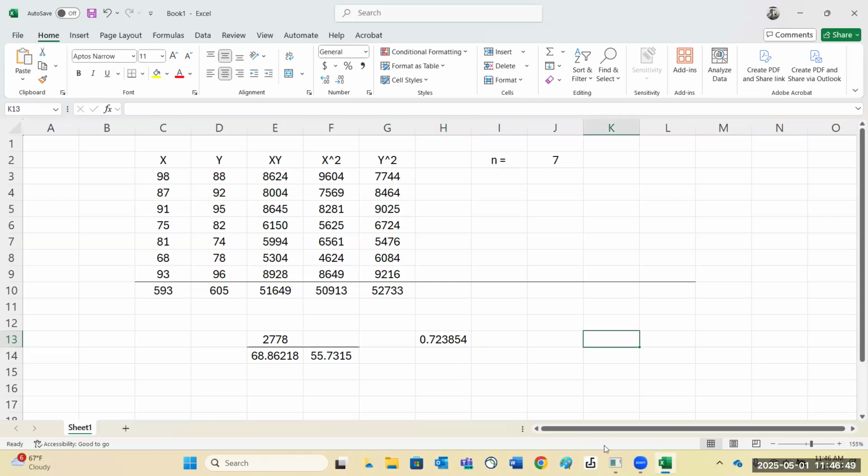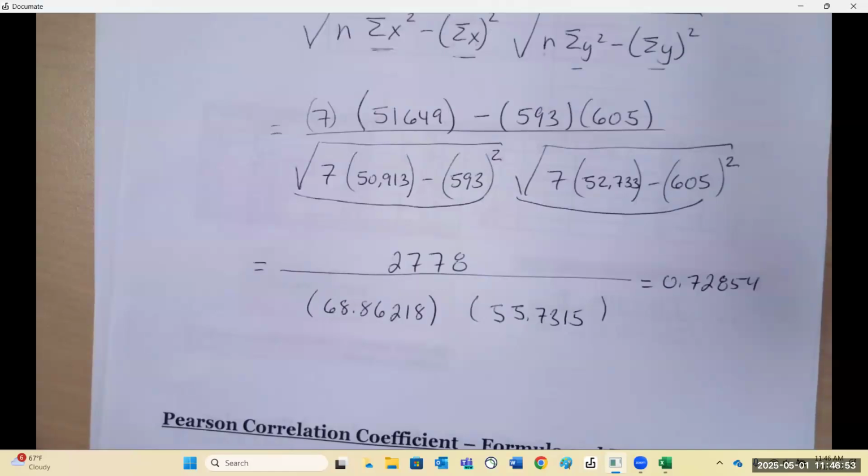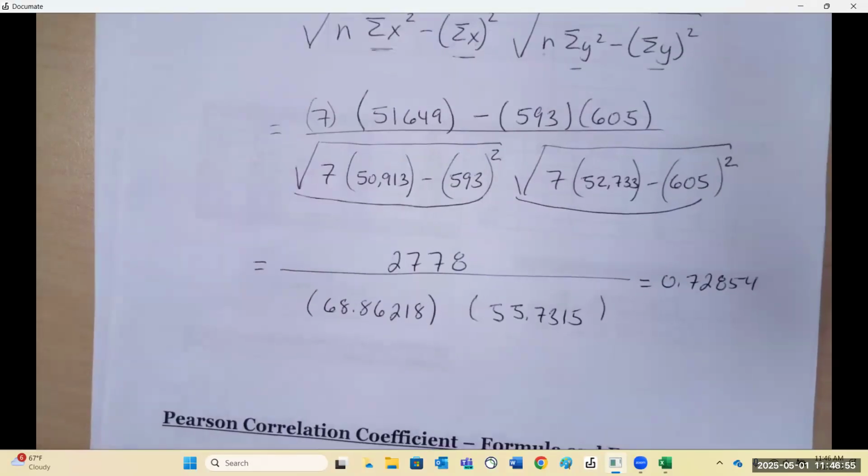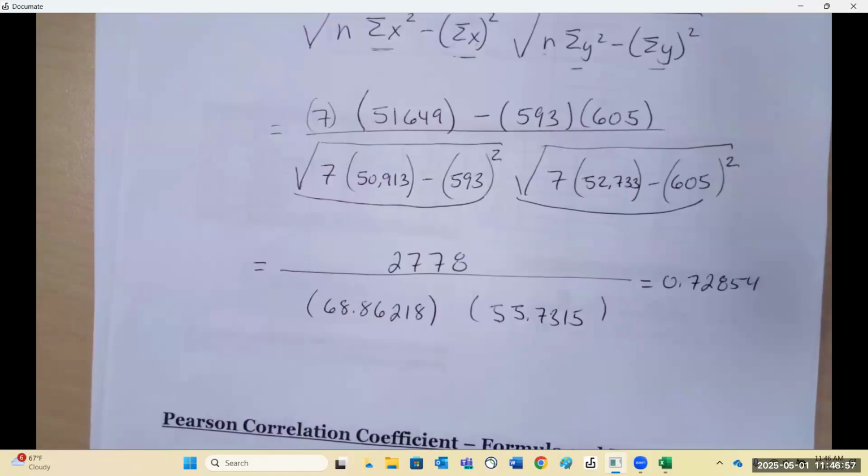So now what do we do with that number? What does that number represent? What does it do for us overall? Yes, it is the correlation. But what do we know about the data then? Is it high or low?